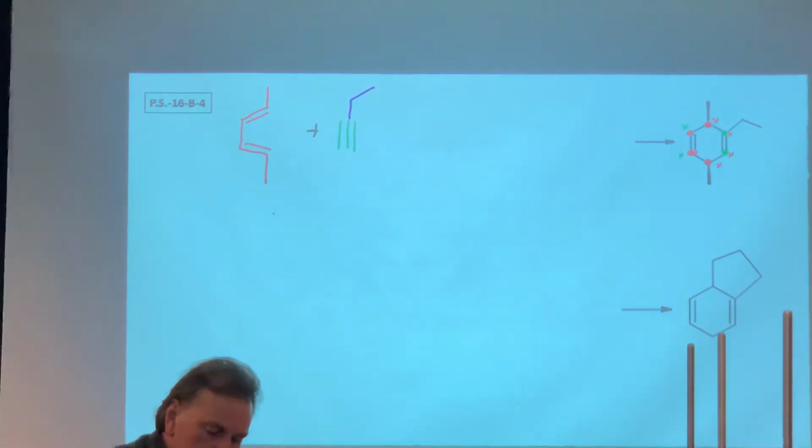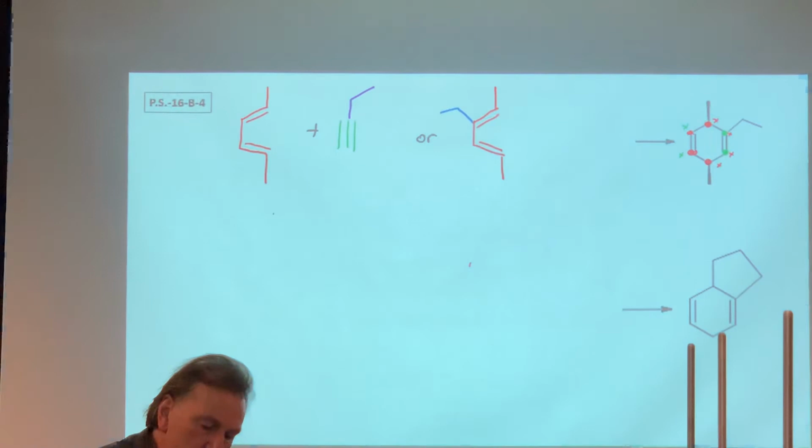Or the other one with both X's having this one here, and having this.